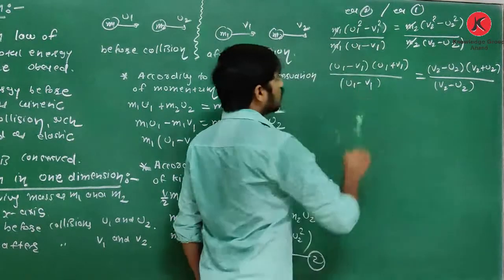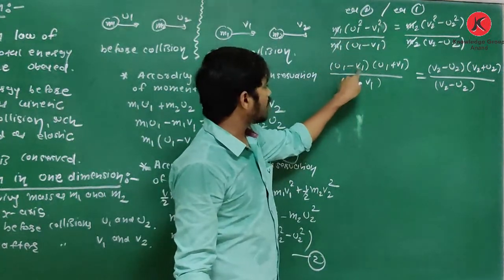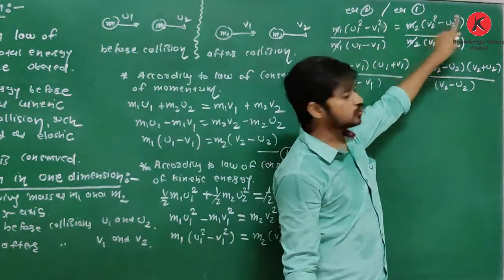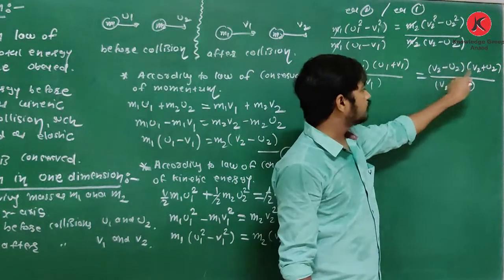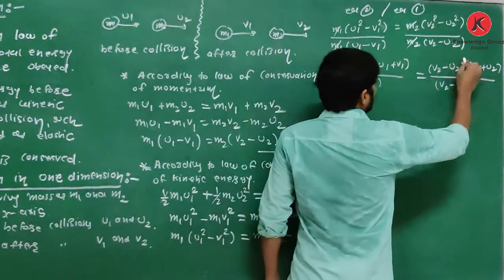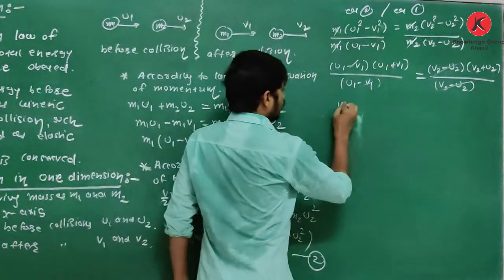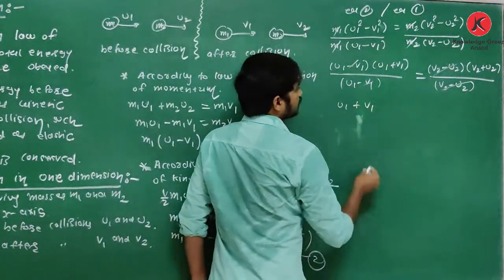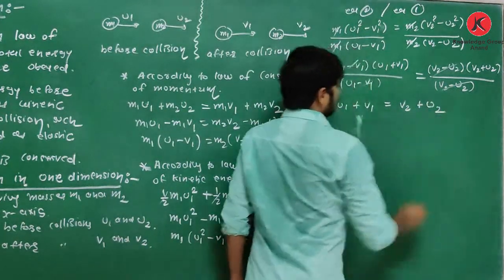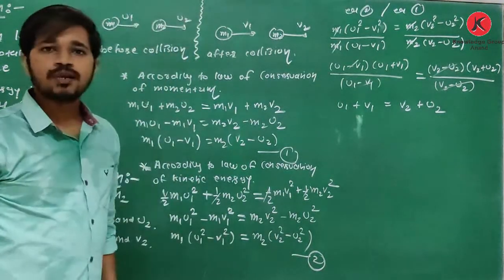Cancelling the common factors, we get u1 plus v1 is equal to v2 plus u2.